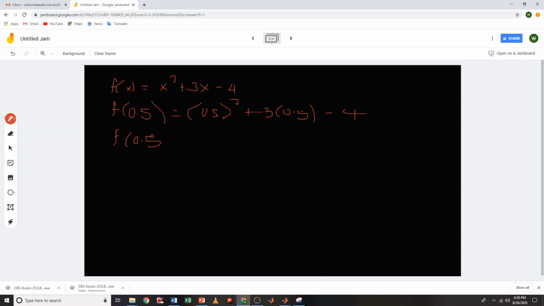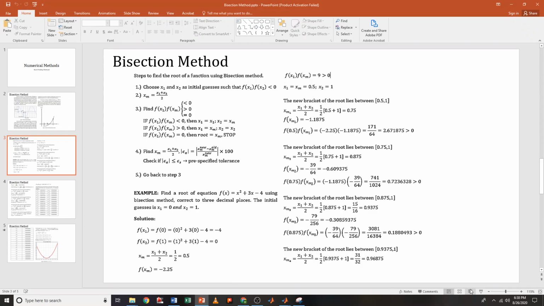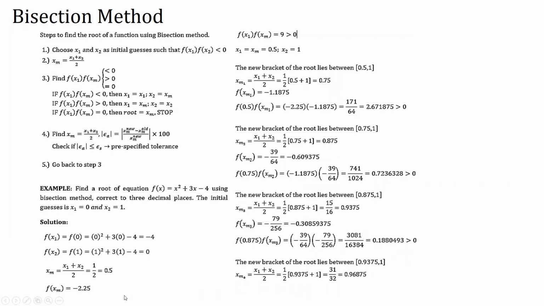If we evaluate f of 0.5, you can check in your calculator later, or if you have a calculator there, you can also recheck. So we have 2.25. Okay, so we go back here. So we have rather negative 2.25.